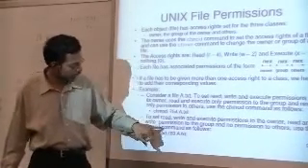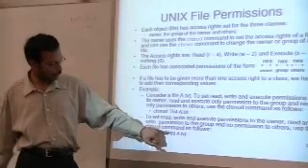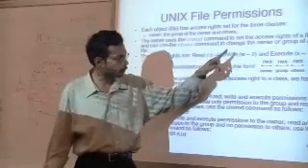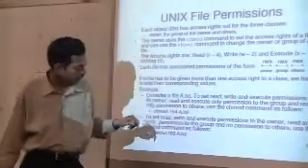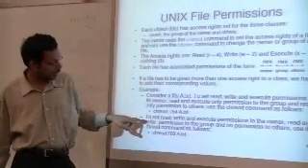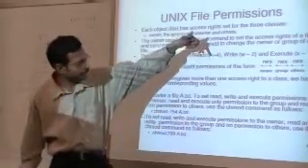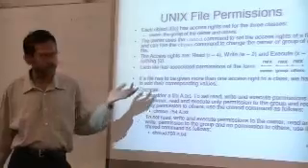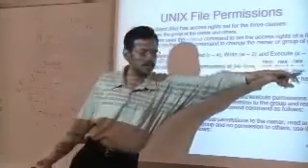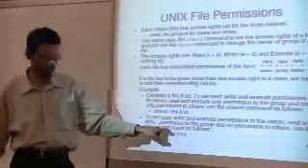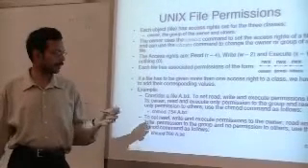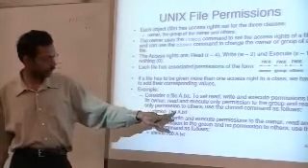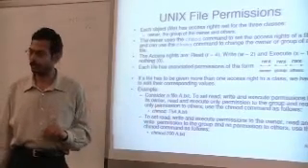If you want to set read, write, execute for the owner of the file, all three should be there, so 4 plus 2 plus 1 is 7. If you want to give read and write permissions to the group, 4 plus 2 is 6. And you don't want to give any of these three permissions to others, the third group, so you have a 0. If you want to give them, say, execute permission, you put a 1. If you want to give them just a read permission, you get 4 and so on.